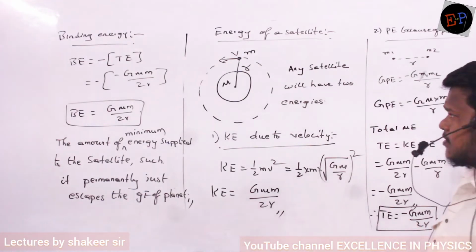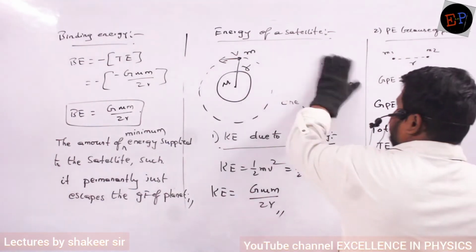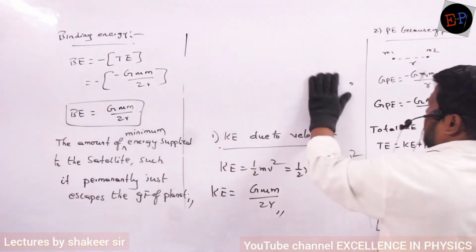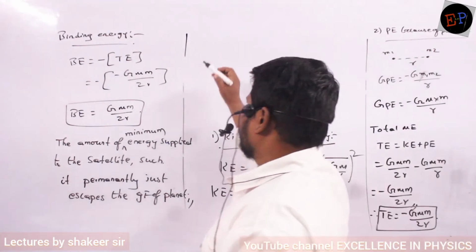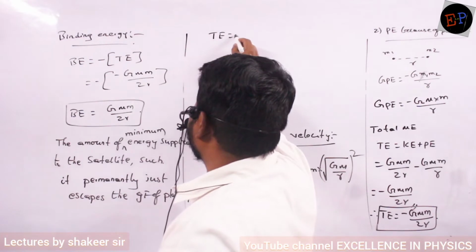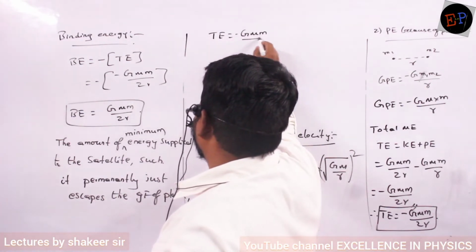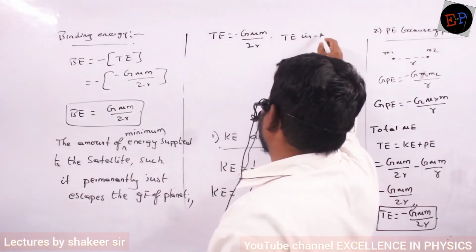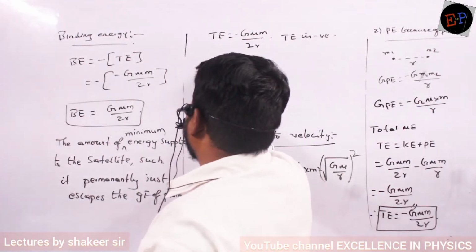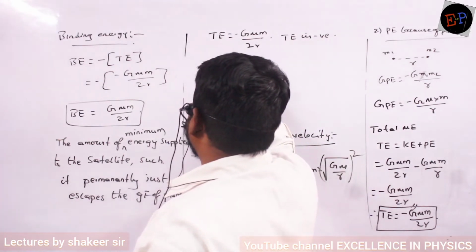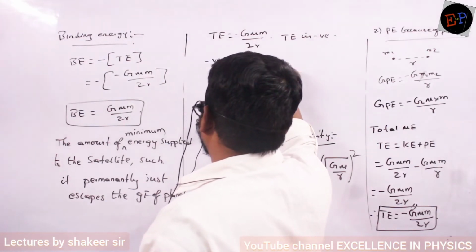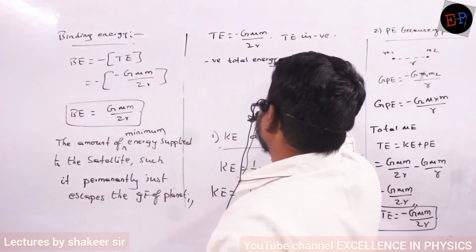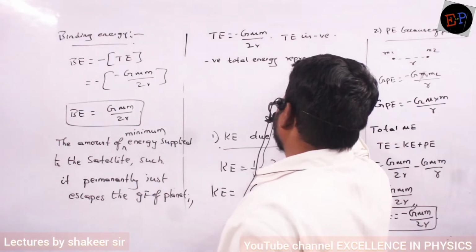And what is meant by the negative value? Let us write here. Total energy is minus G M m divided by 2R. So total energy is negative. Negative total energy represents attraction.